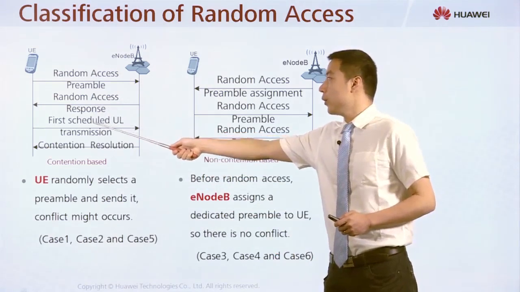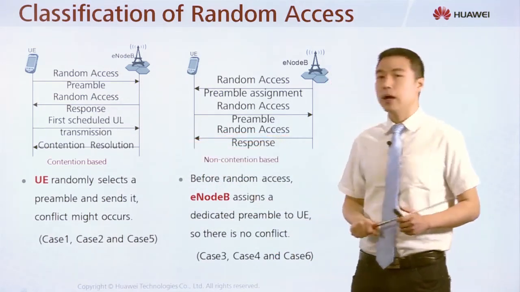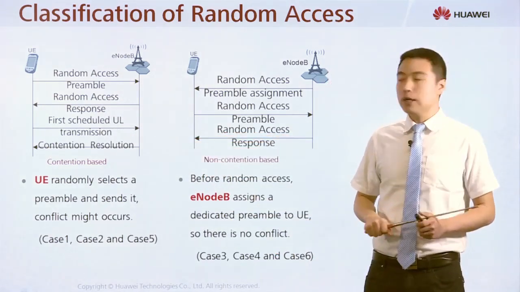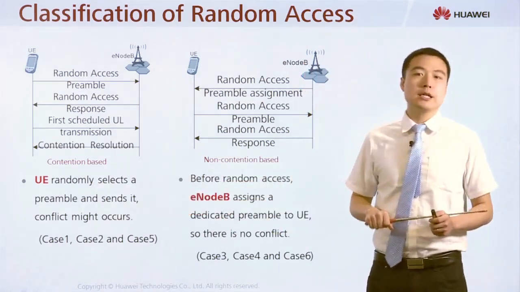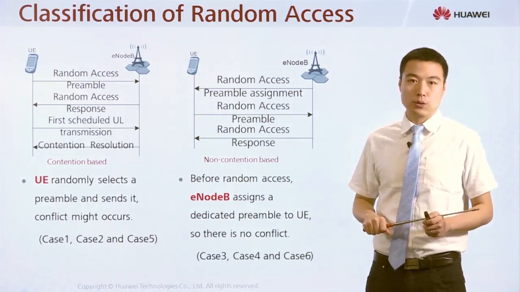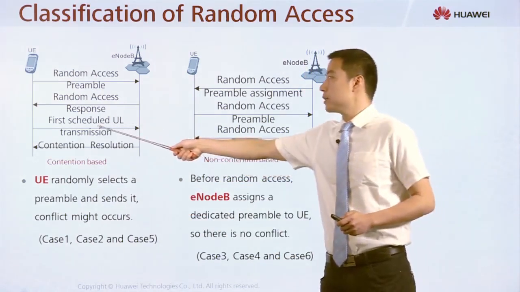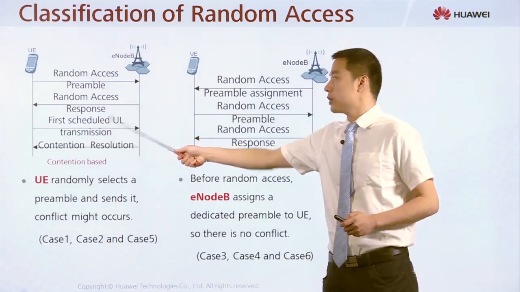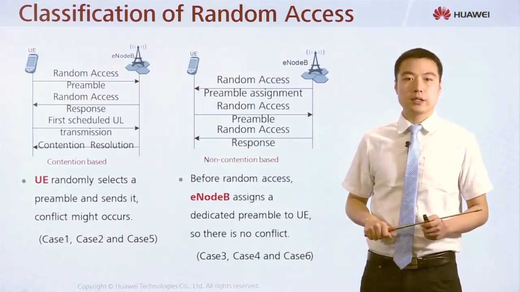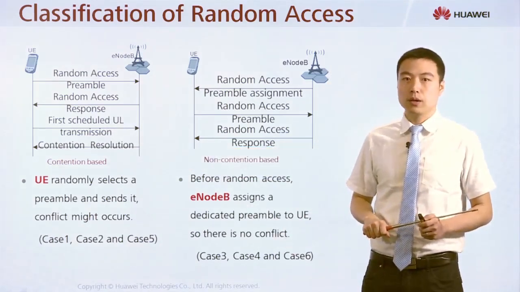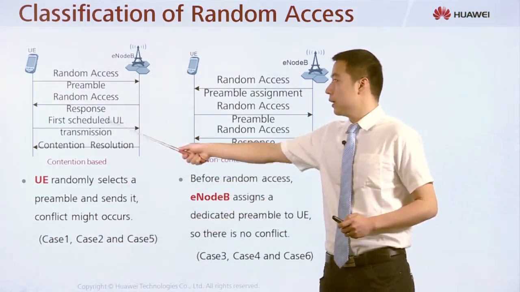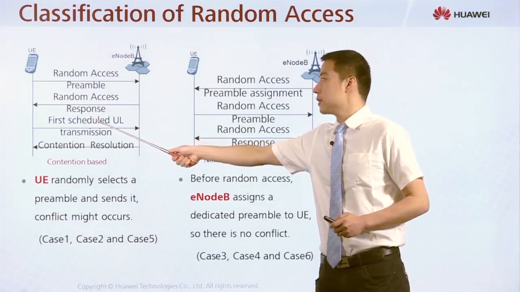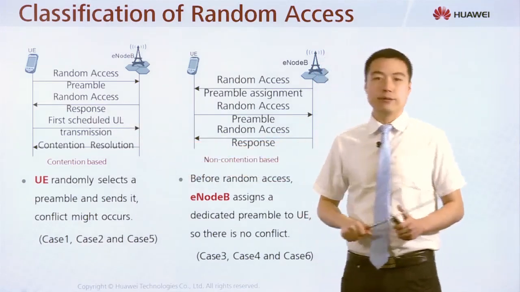And then UE will send the first scheduled uplink transmission. If it's case 1, where UE initially sets up a connection, then this message, the first scheduled uplink transmission, will be the RRC connection request message. Different case, different scenario, the third message will be different.